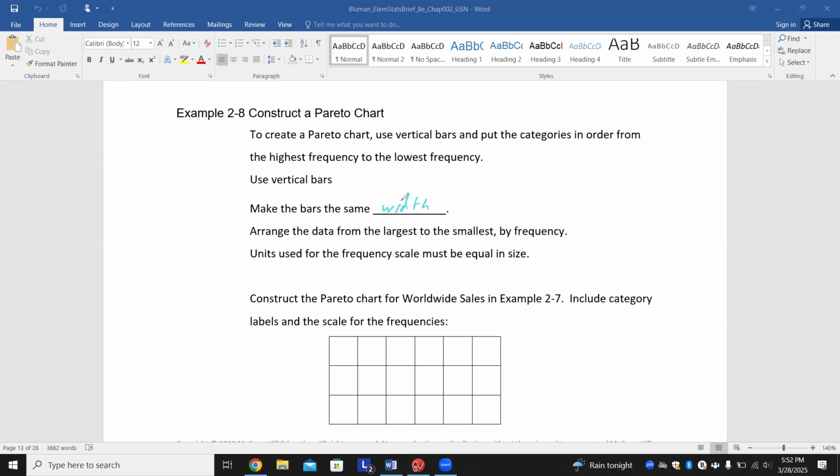Don't want one bigger than the other, always the same amount of distance on your frequency axis. Again, arrange the data from largest to smallest by frequency. Units used for the frequency scale must be of equal size. Again, very important. And then we're going to construct a chart for the worldwide sales that we just saw in example 7. And we're going to include the categories labeled and the scale for the frequencies. So let's do that here.